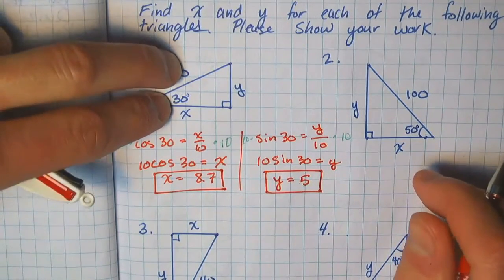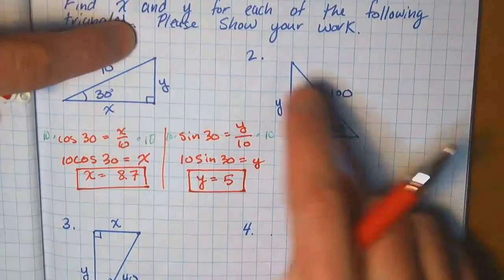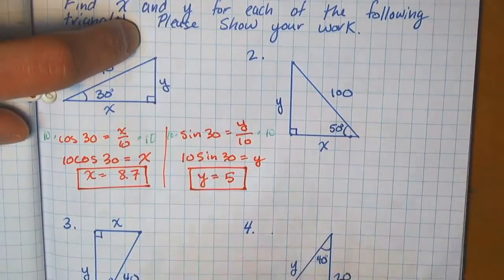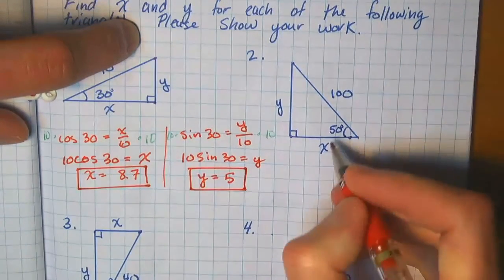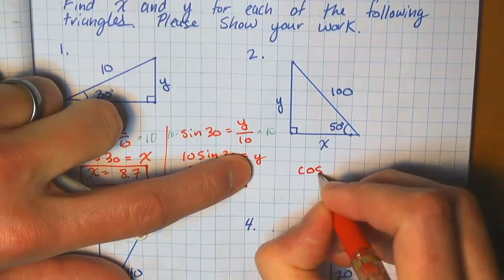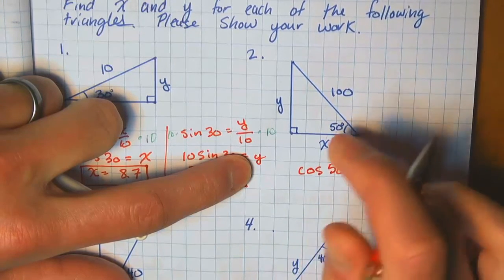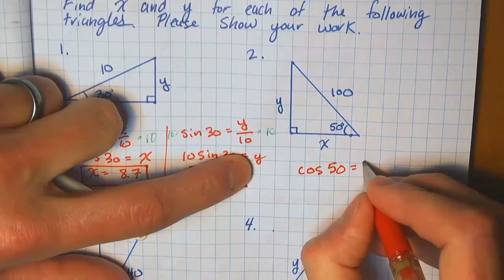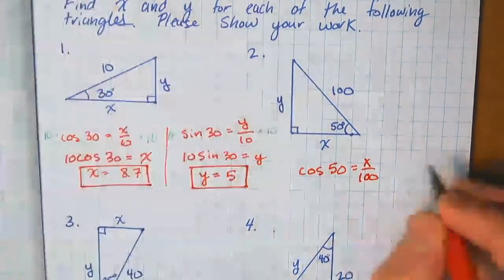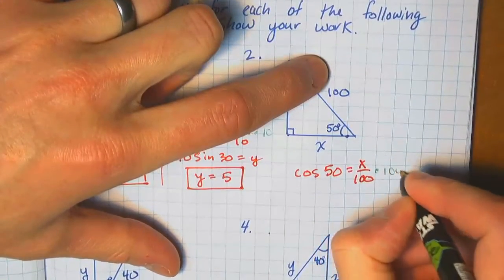Okay, next one over here, let's try to get x. So x is the adjacent side again, because it is next to the 50-degree angle. So that is going to be cosine. So cosine of 50 degrees is equal to adjacent, so x over the hypotenuse, which is 100. Again, to get x by itself, you're going to multiply both sides by 100.